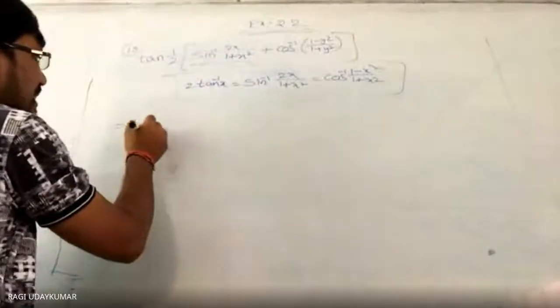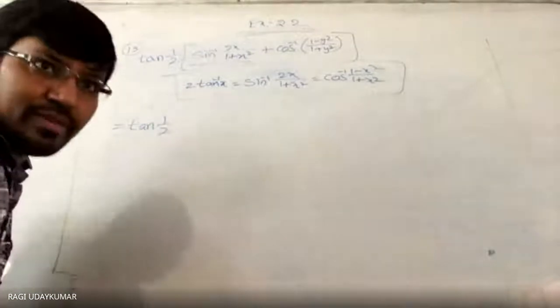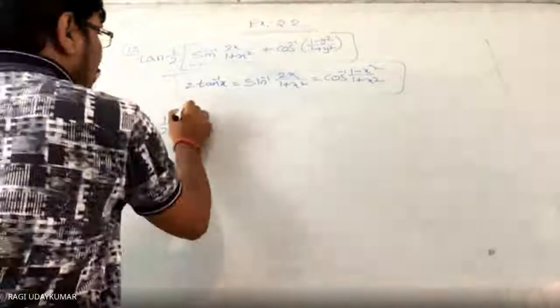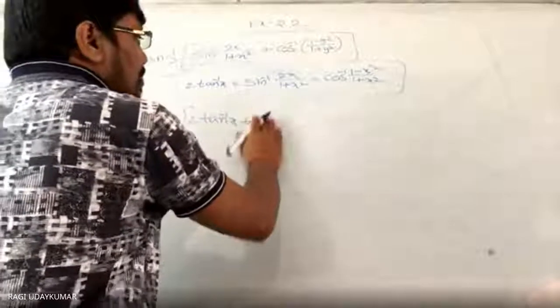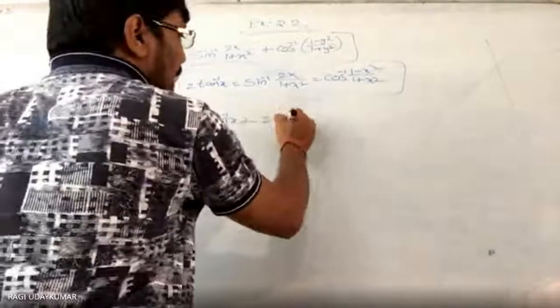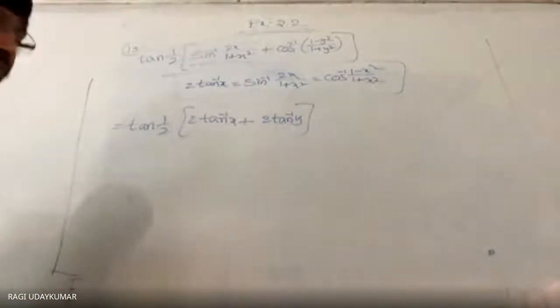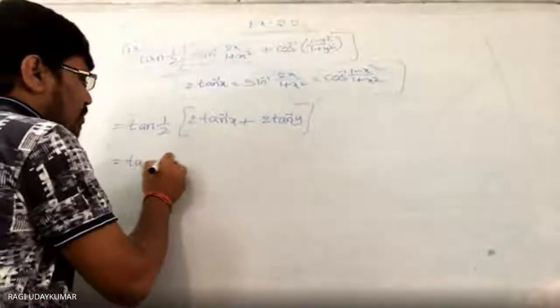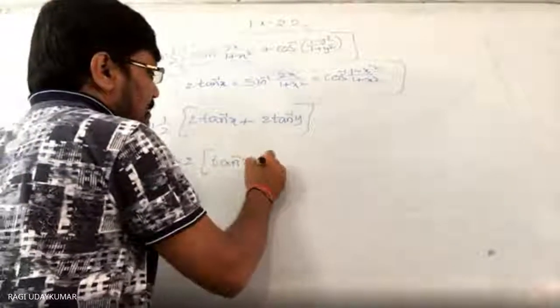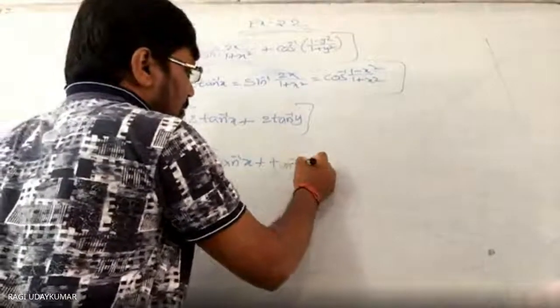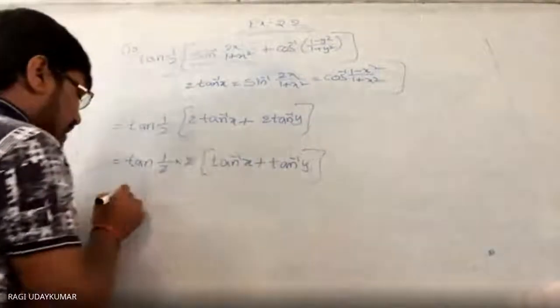So this can be written as tan of 1 by 2 of 2 tan inverse x plus 2 tan inverse y. Take the 2 common. Then what do you get here? Tan of 1 by 2 into 2, take the common, then we get tan inverse x plus tan inverse y. So these 2 get cancelled.